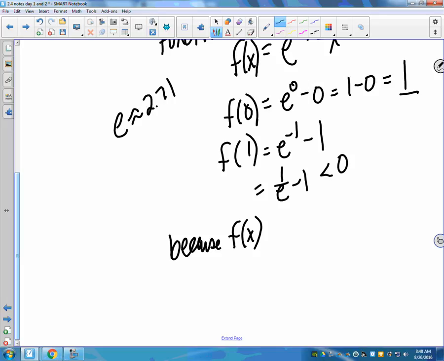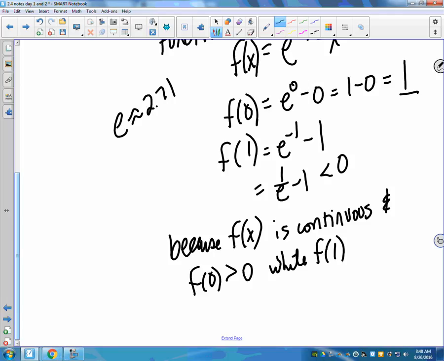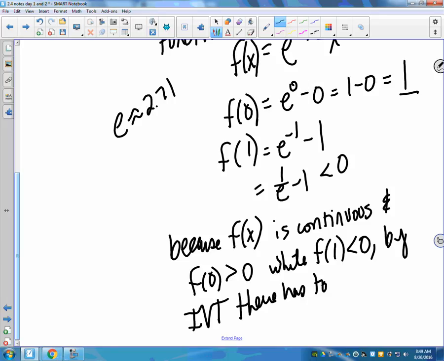Because f of x is continuous, and f of 0 is greater than 0, while f of 1 is less than 0, by the intermediate value theorem, there has to be a solution, or a 0, or you could say there has to be some point where f of x is 0.